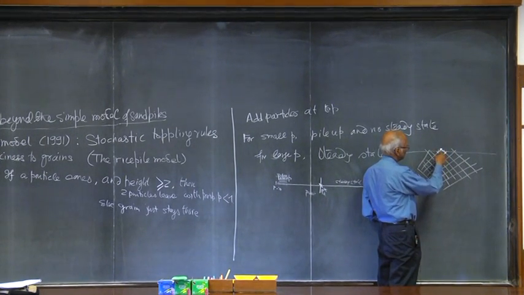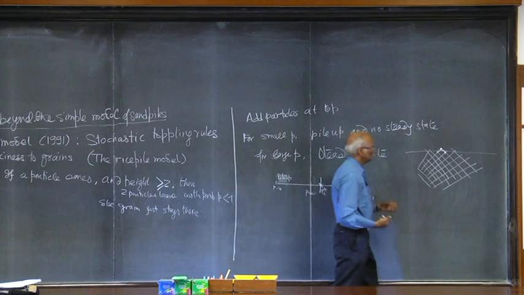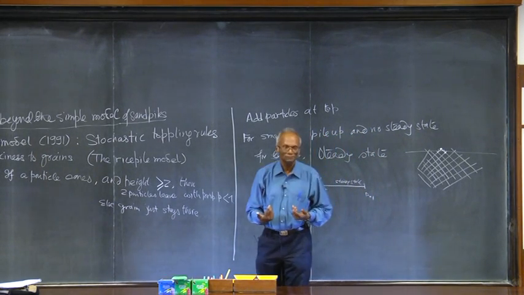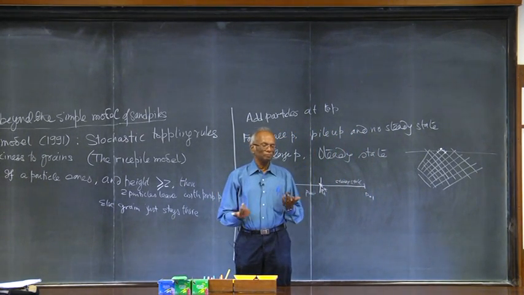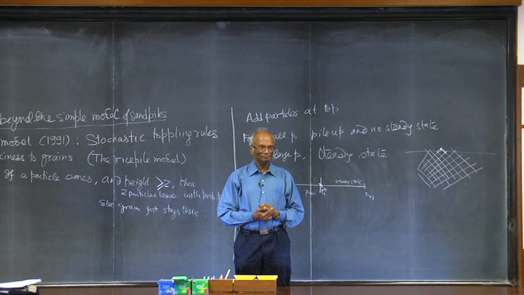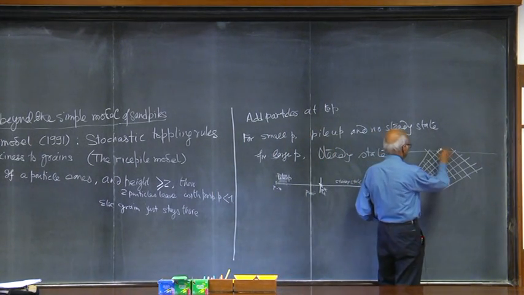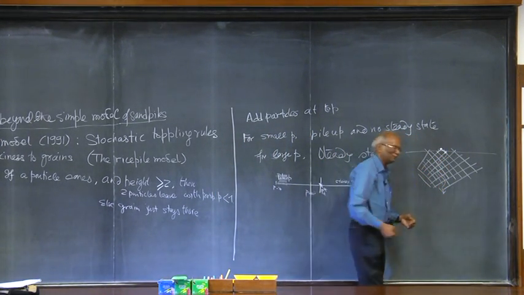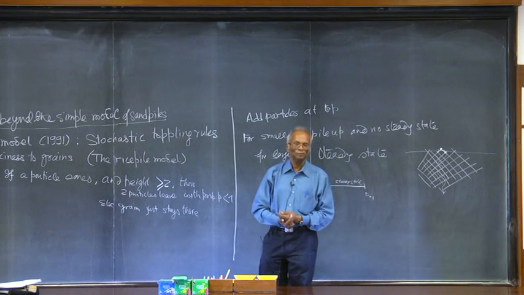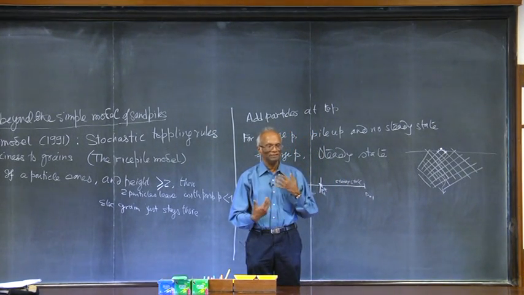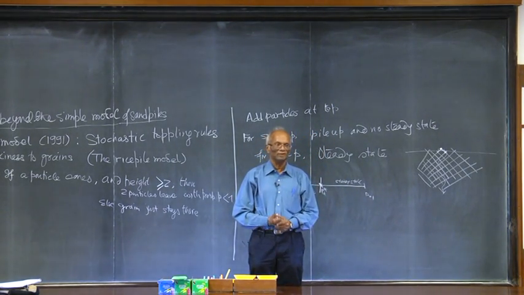These will send particles down here, 2 particles will come in, but with probability p they will topple. Okay. So, what is the value of p such that such an avalanche can reach arbitrarily far down? What is the lowest value of p such that this avalanche can reach arbitrarily far down?